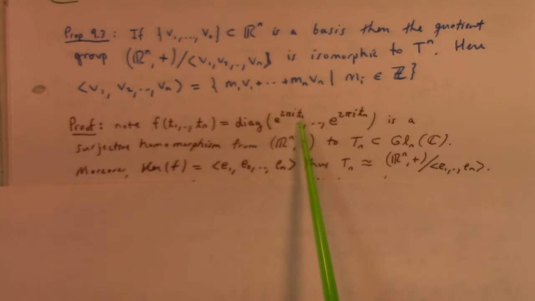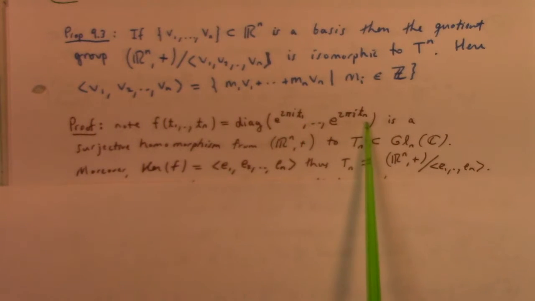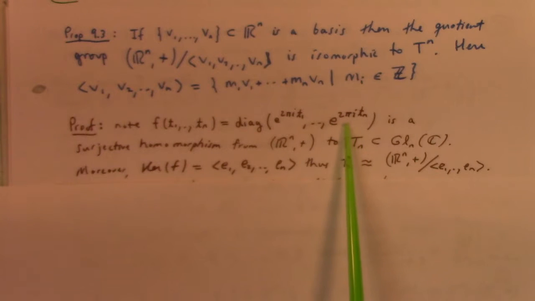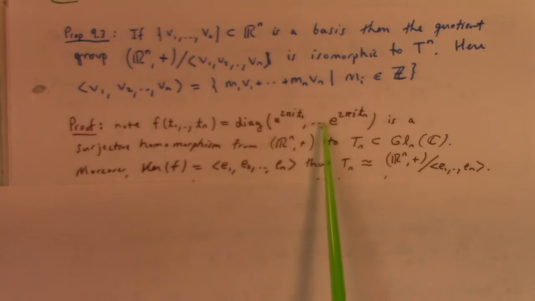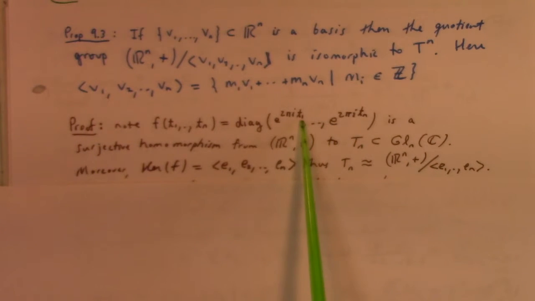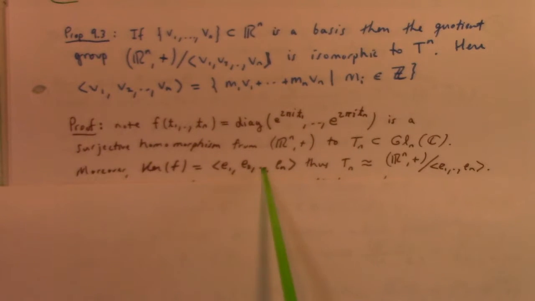I suppose t1 equal to 0, tn equal to 0 certainly does it, right? And it claims it's just this. I don't know, for some reason I'm not seeing it right off. I think this is the standard basis, right?